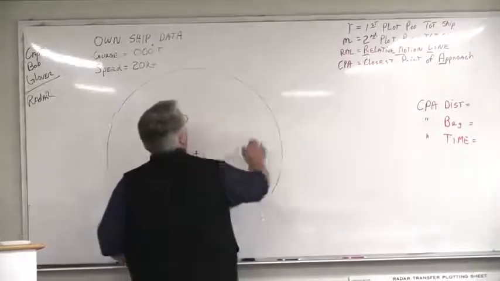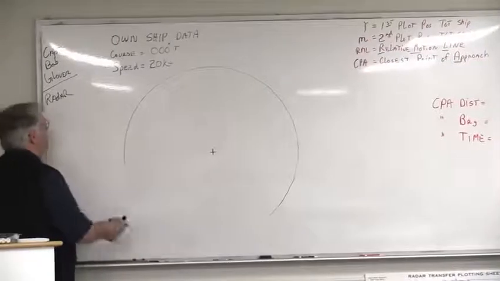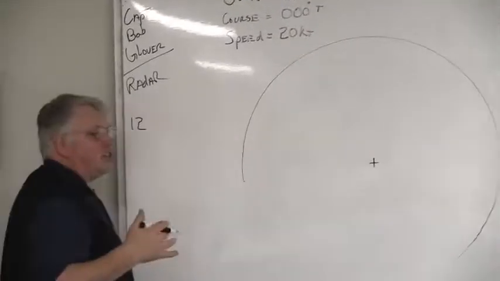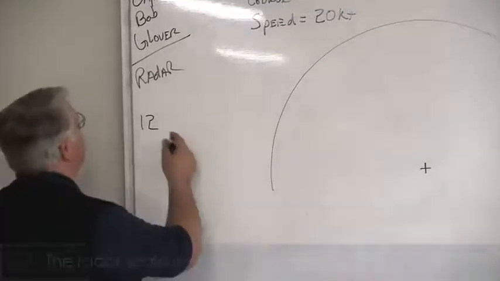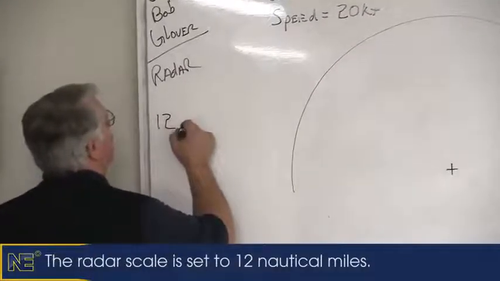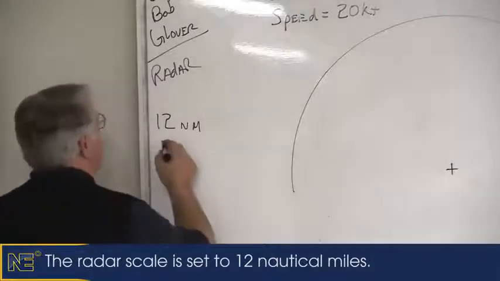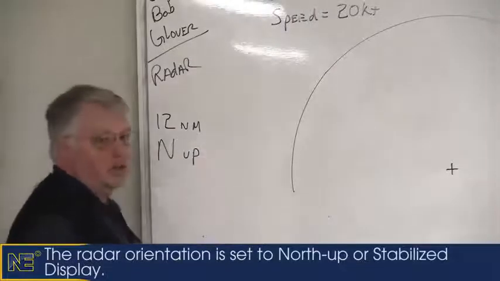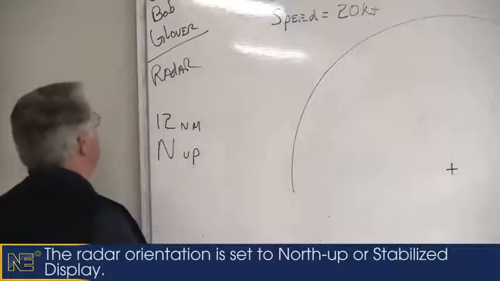Our radar is set on 12 nautical miles. For consistency's sake, and so we can learn it the best way possible, we're going to do everything on a 12 nautical mile scale. We're also going to do everything in a north-up orientation, or stabilized display, as we've been talking about the last couple of days.